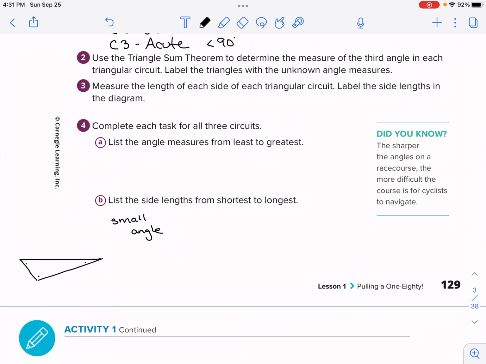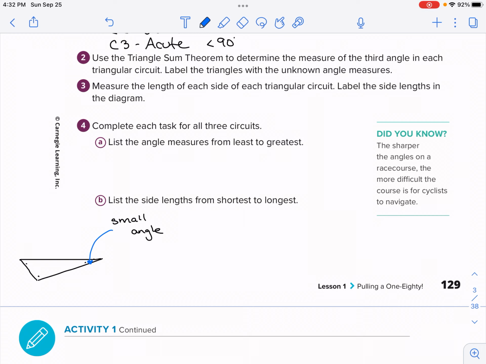Which one do you think opens up the least? That's narrow, it isn't wide. The smallest angle is this one right here. This one doesn't open that wide, whereas the other ones open up a little bit more than that.